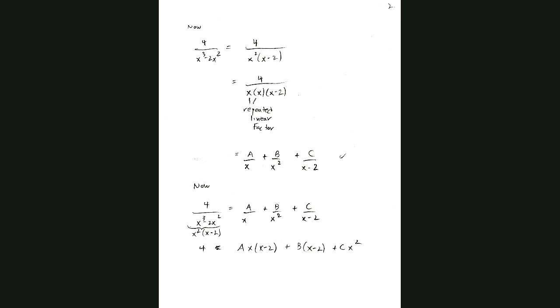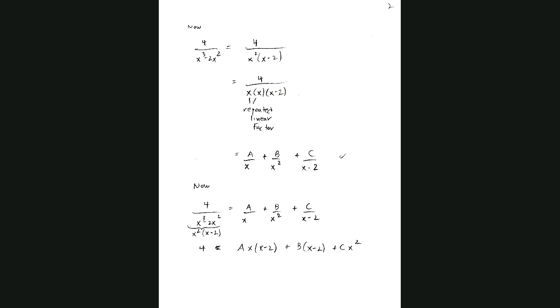If we had A over x plus B over x, which intuitively you might think to do, plus C over x minus 2, the problem with that is that A over x plus B over x is just going to give you one constant over x. So you can combine these two fractions. And so you need to have 3 variables, A, B, and C, to solve for. So you have to have basically independence between the terms. Well, the way you get the independence is you put the B over x squared.